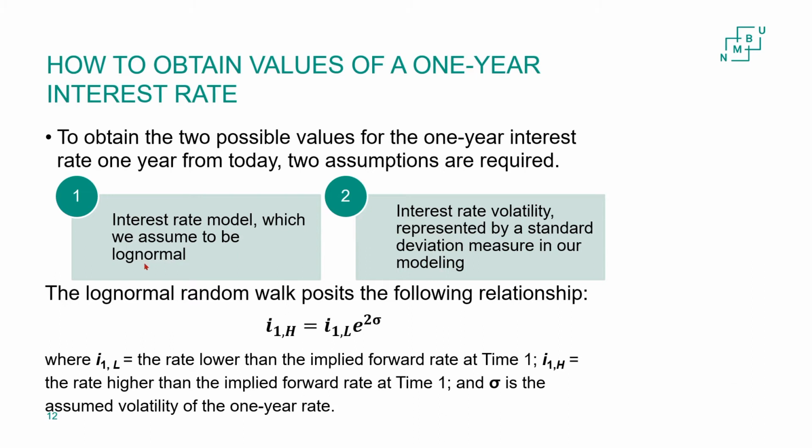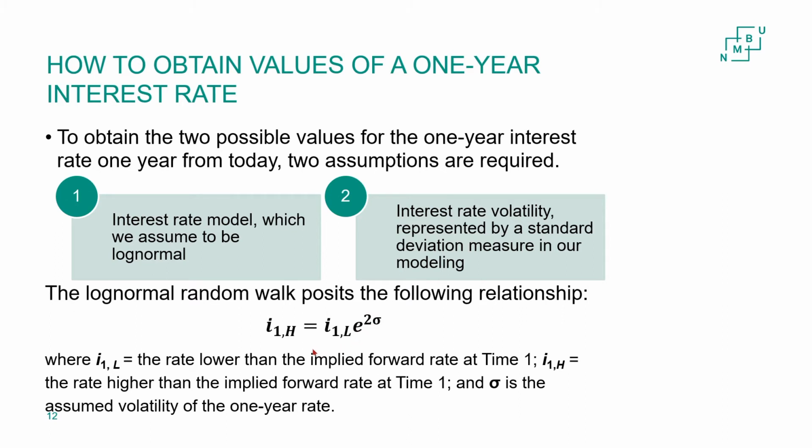And the log normal relation means that the down move is linked to the up move by 2 standard deviations. This is the e to the power of 2 sigma.